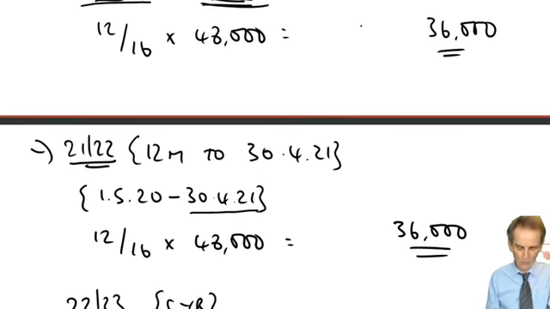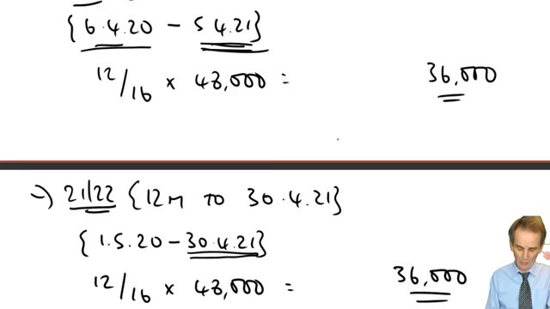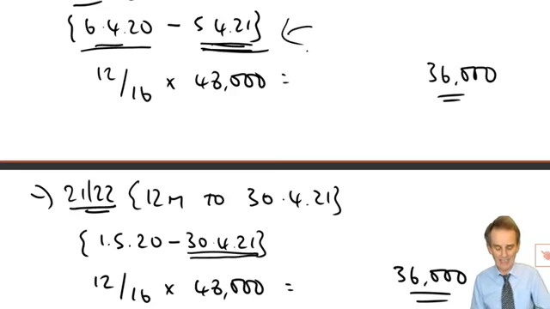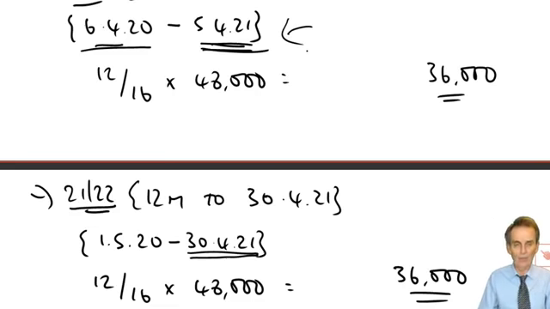Then again in 21-22, we used 11 of those months because our 12 months only went as far as the 30th of April 21, just 1 month after the period that we had taken into account in dealing with the previous tax year, 2021. So we've got 11 months' worth of overlap.